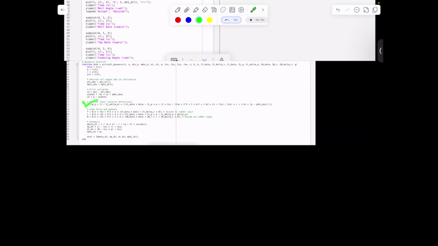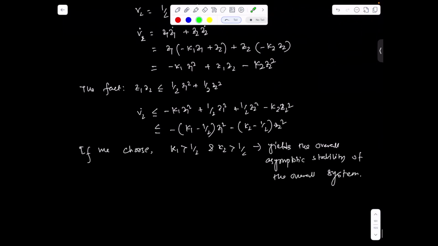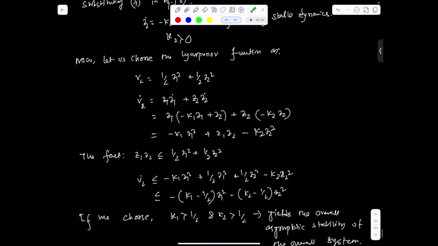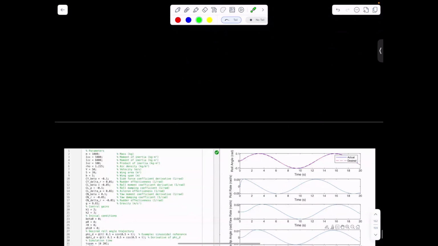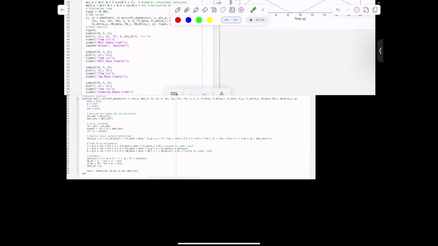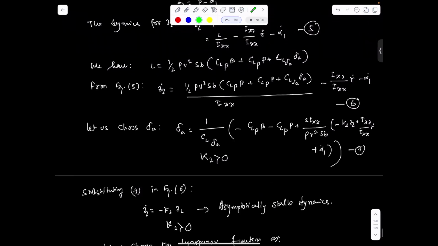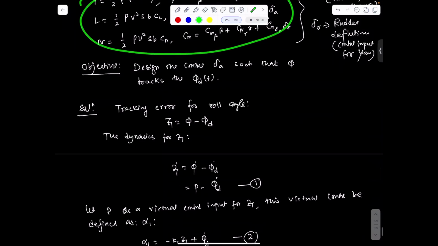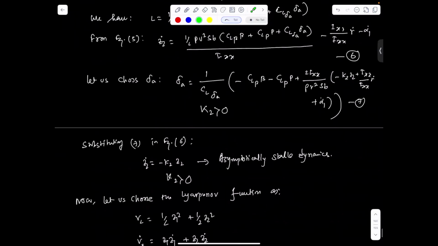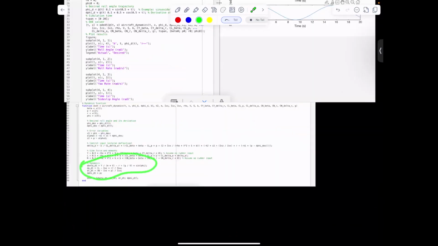This is the control signal we have obtained through the analysis, delta A, equation 7. It is written here. And this is the total force and moment using the different force and moment coefficients, which we have defined there.